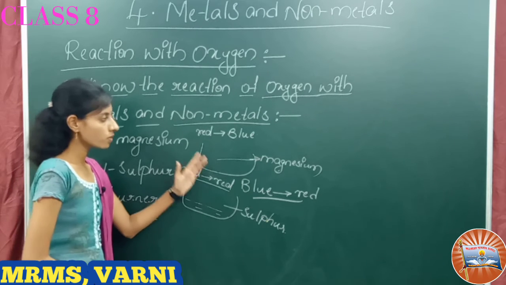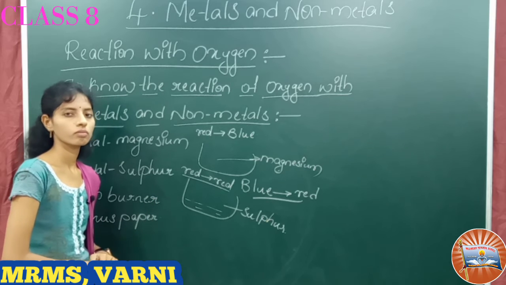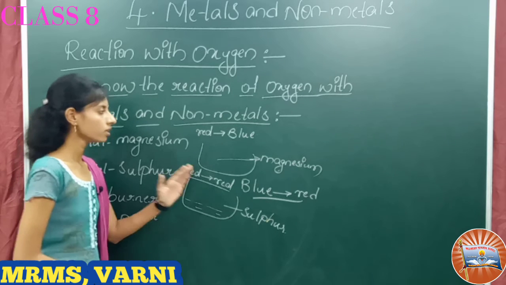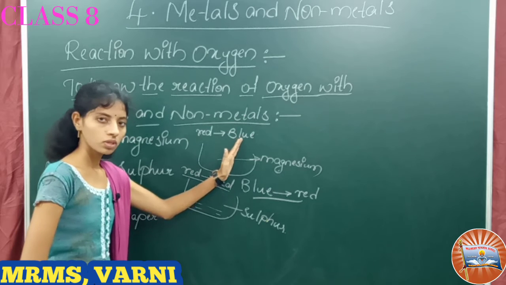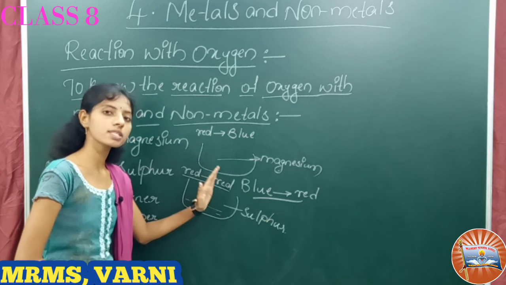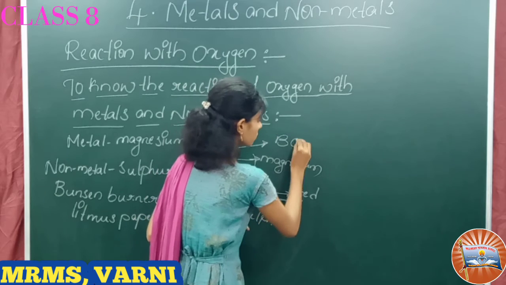Now, which one is the acid and which one is the base here? We know when red litmus paper changes into blue, the solution is basic in nature. So the solution is a base.